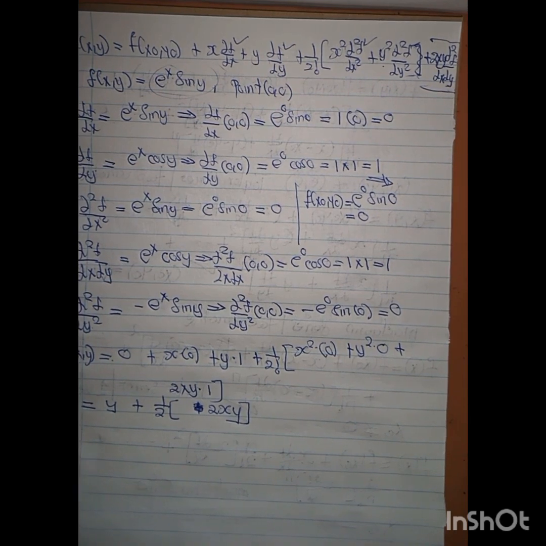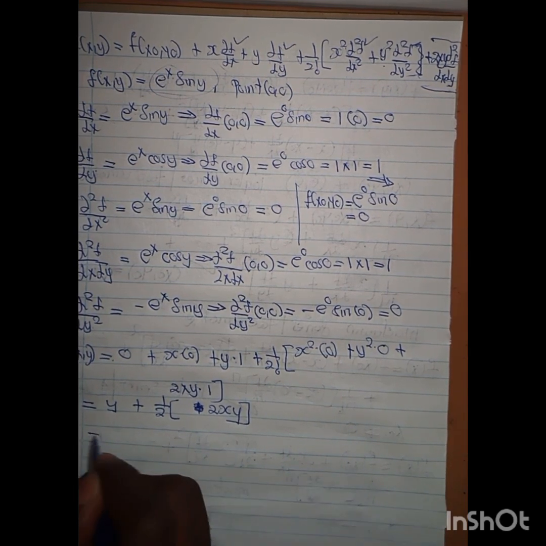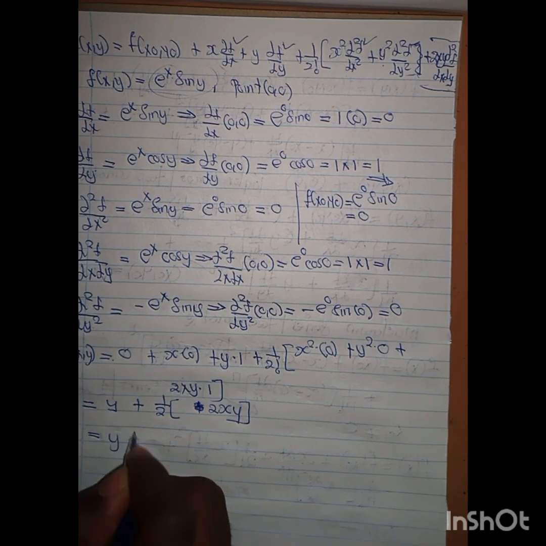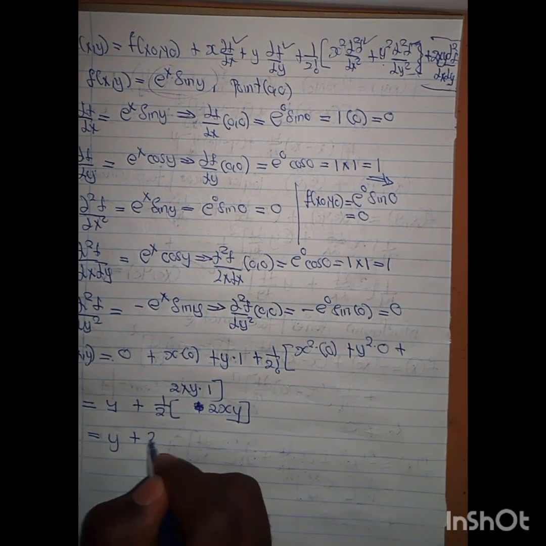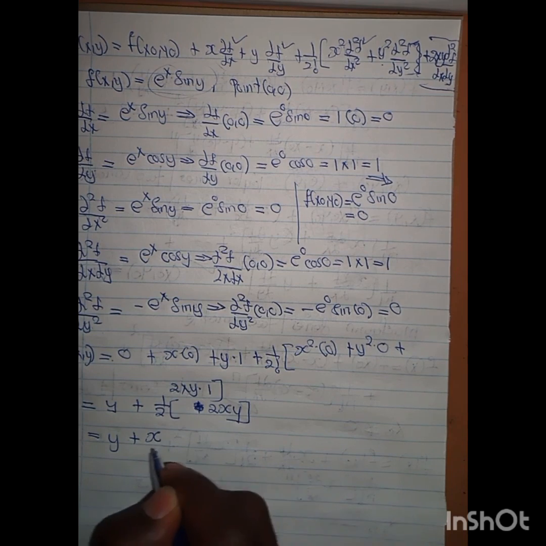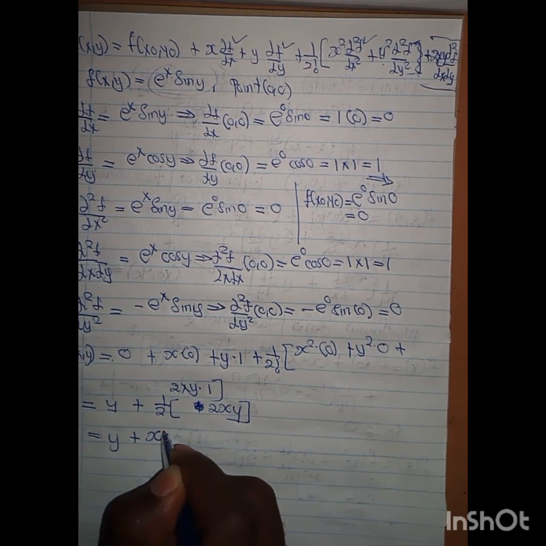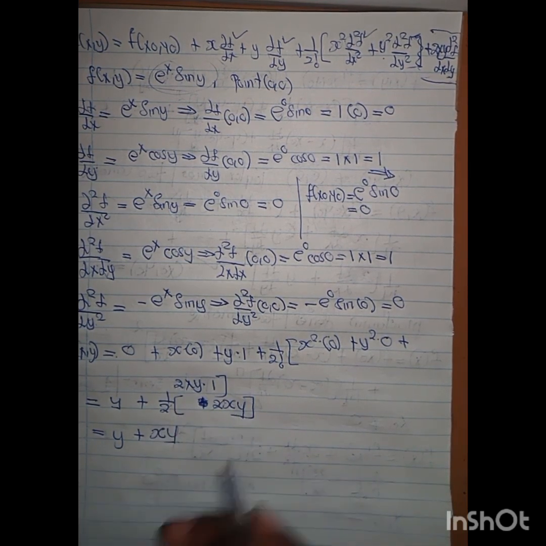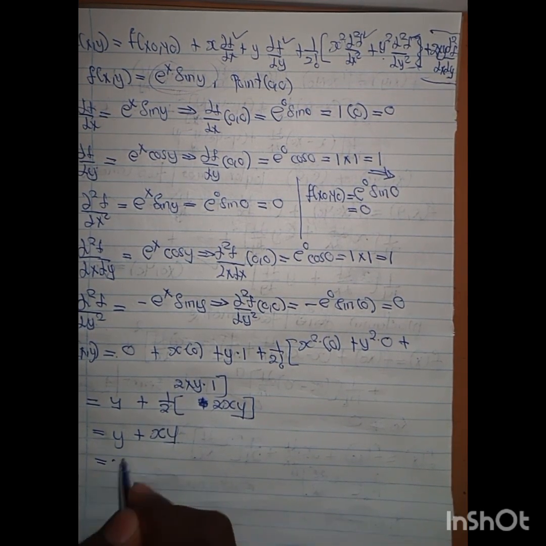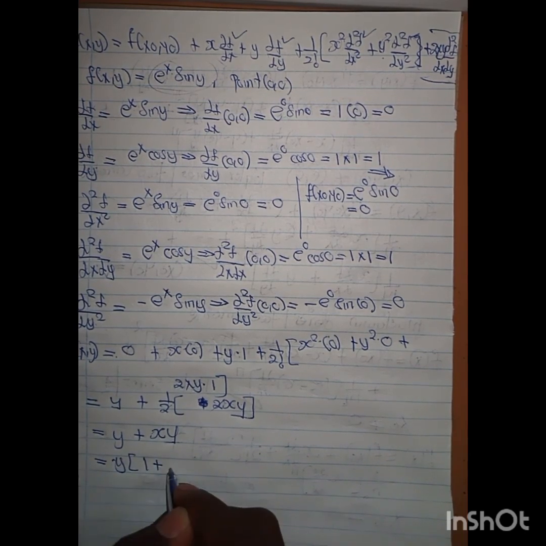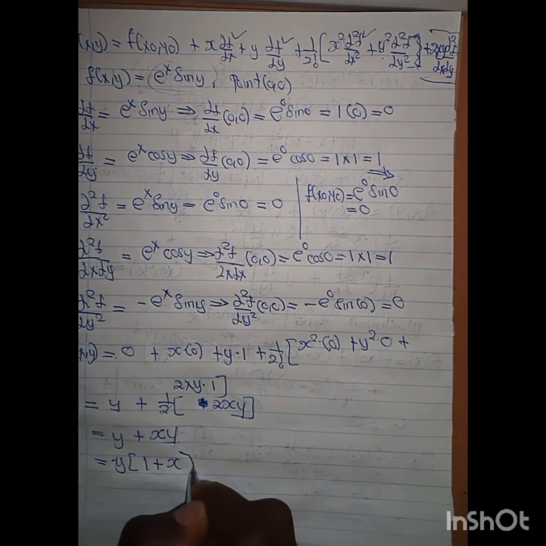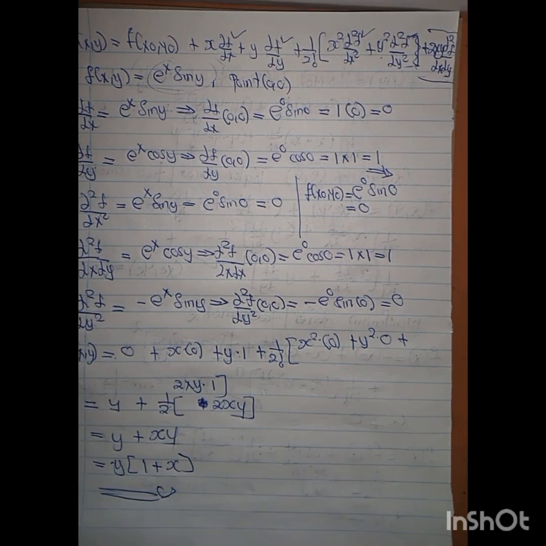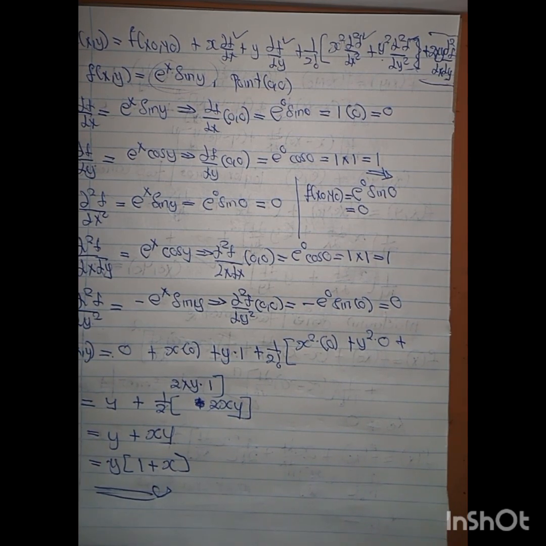And then we have y plus, multiplying the half inside, 2 will cancel 2, and the xy will remain. So you can take y if you like, and then you have the following. This is our final answer that we get when we reduce our Taylor series at the point 0, 0.